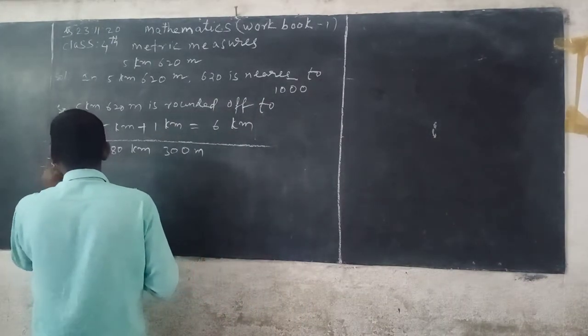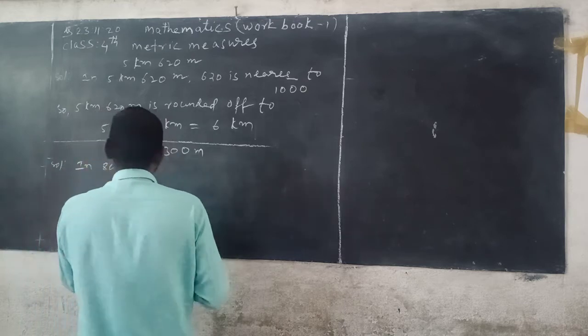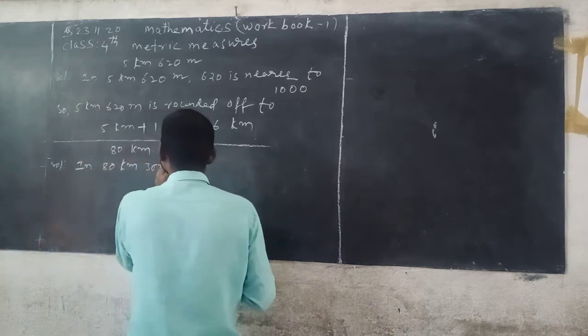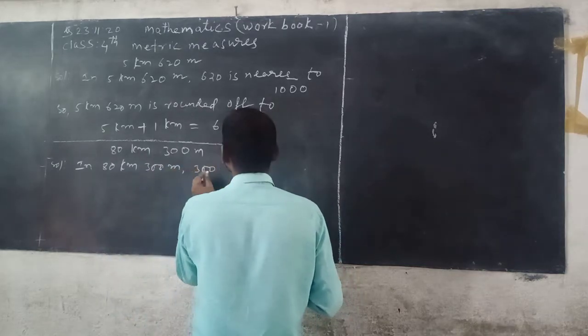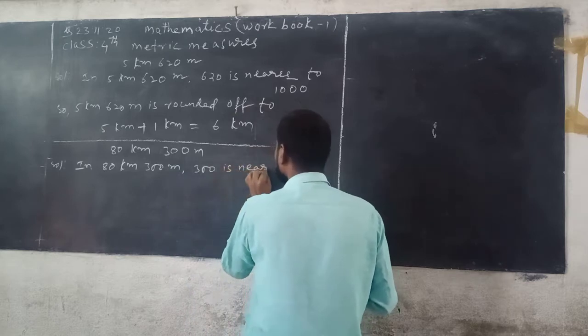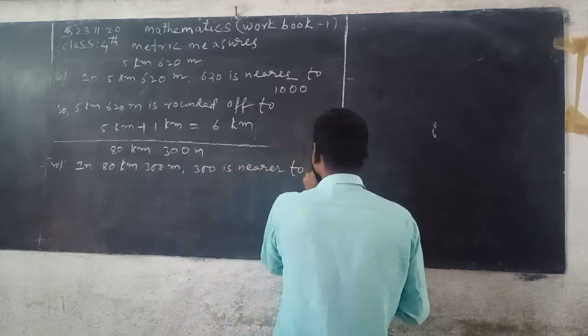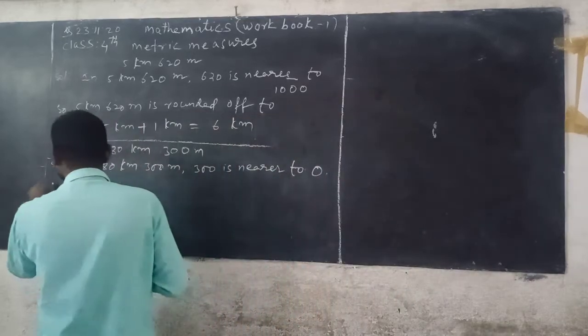Solution: in 80 kilometer 300 meter, 300 is nearer to 0.